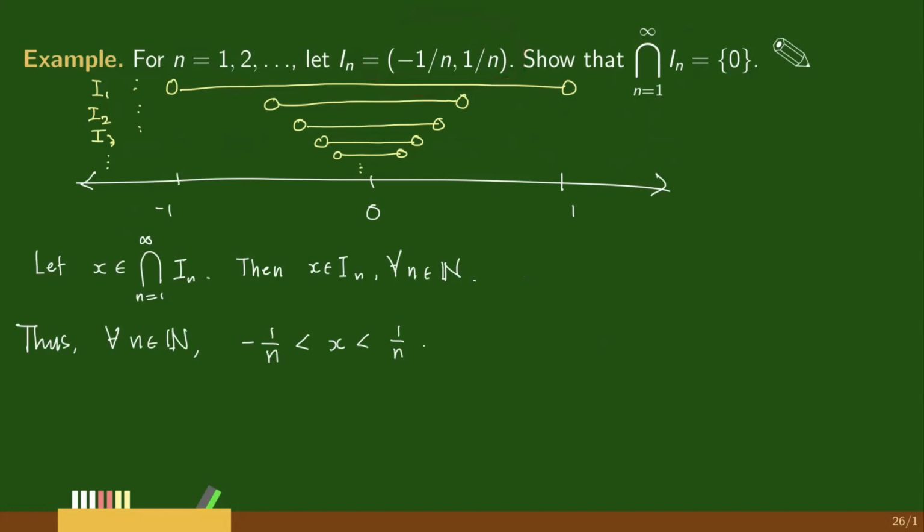Pag yung x mo nandyan, nasa gitna siya ng dalawang yan. Right? Or, writing this in terms of absolute values, do you remember this? Kapag ang x nasa gitna ng r at minus r, parehas yan kung sasabihin mo ng absolute value ng x less than r. Pwede nyo sabihin yung absolute value ng x is less than 1 over n. Now, what we wanted to show here is the fact that x is 0.